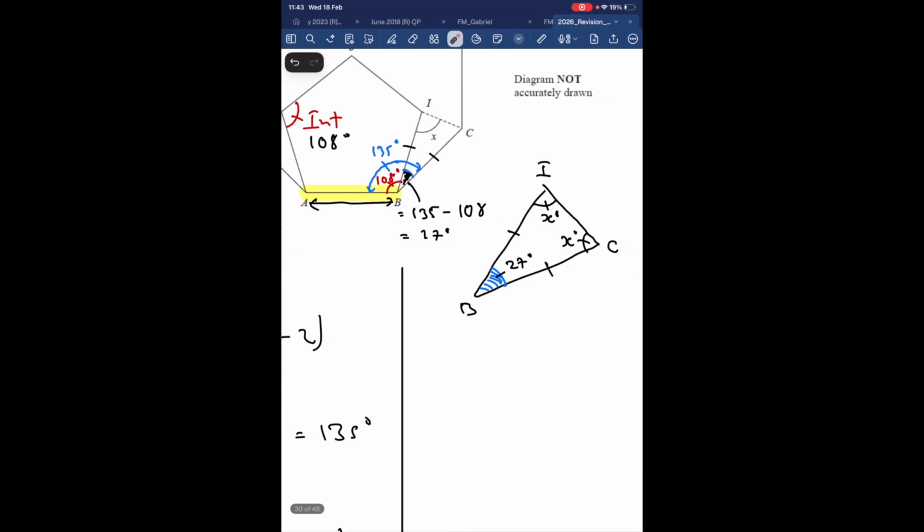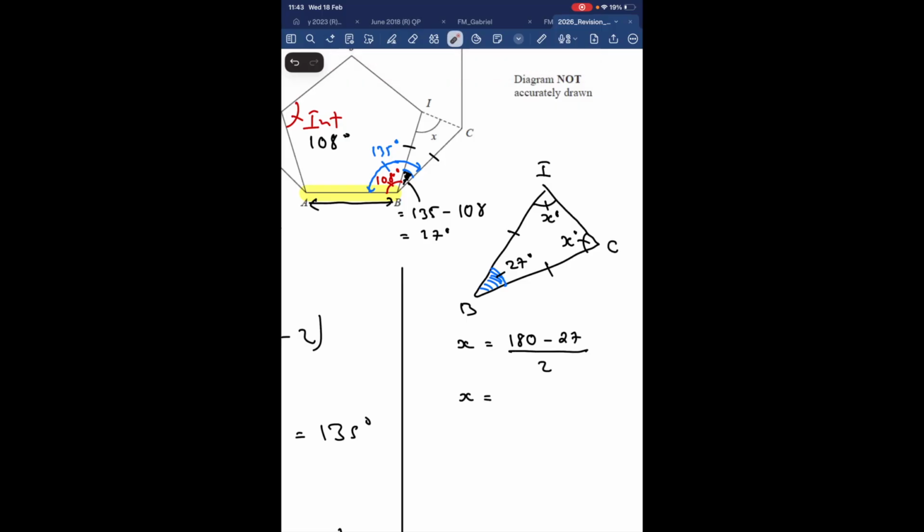Now, we know that the angles in a triangle add up to 180 degrees, so we can do a simple calculation now to work out the value for x. So these three angles will have to add up to 180. To get x, it's just going to be a simple case of 180 subtract 27 and then divide that whole result by 2.